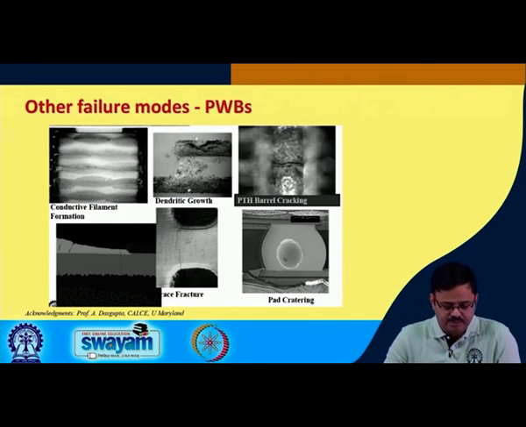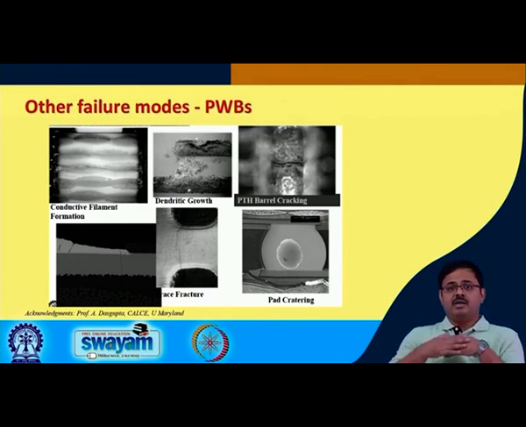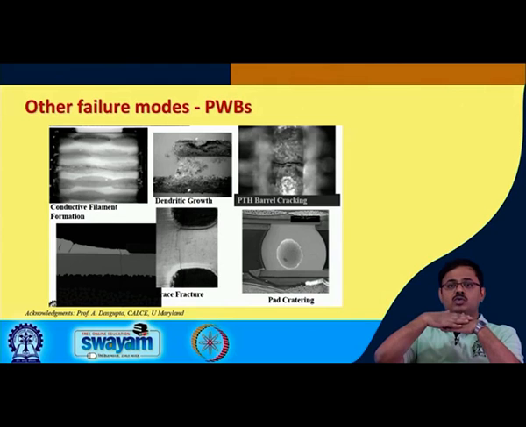Then trace fracture, pad cratering, there is a solder pad and inside actually there is a crater, there is a void, right. It can even be a foreign substance, clear. The other one, again due to CTE mismatch, is warpage.